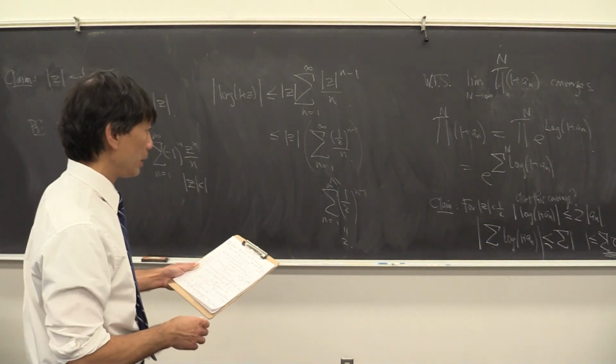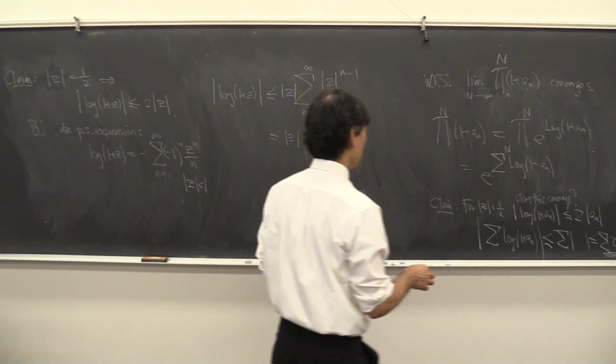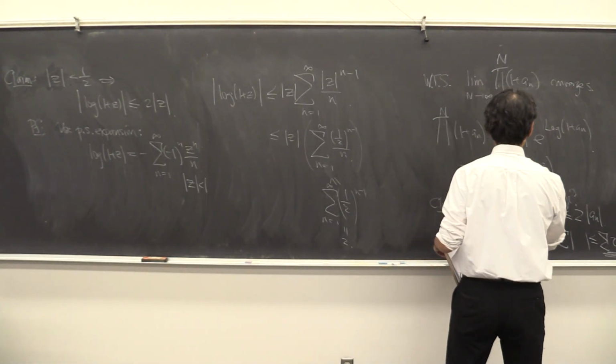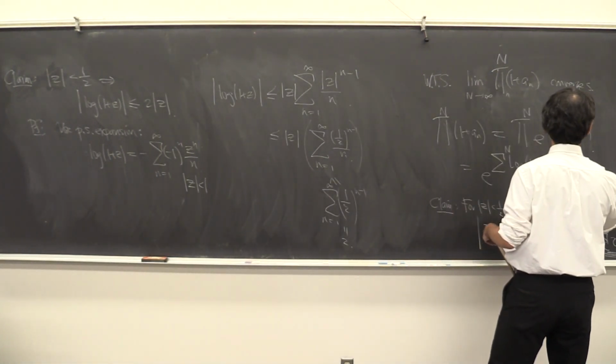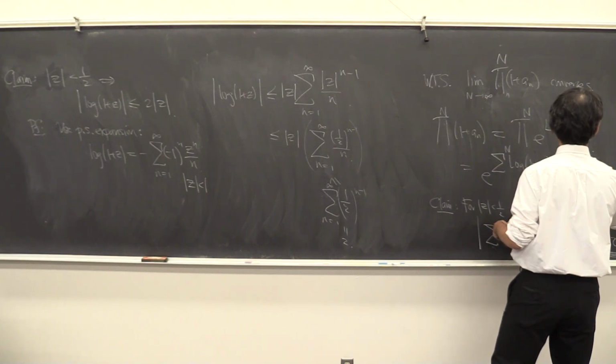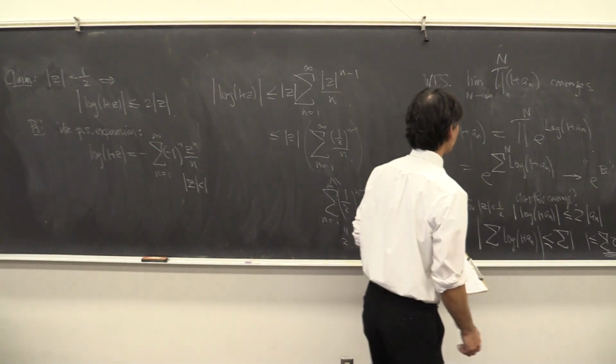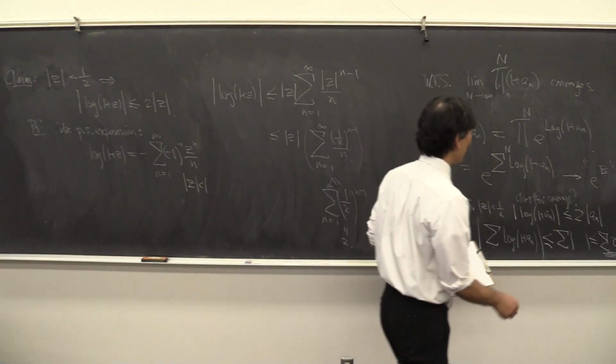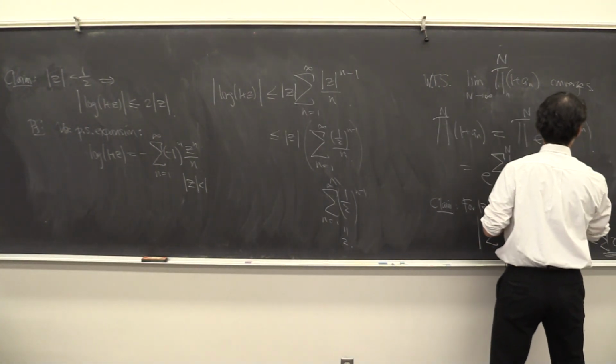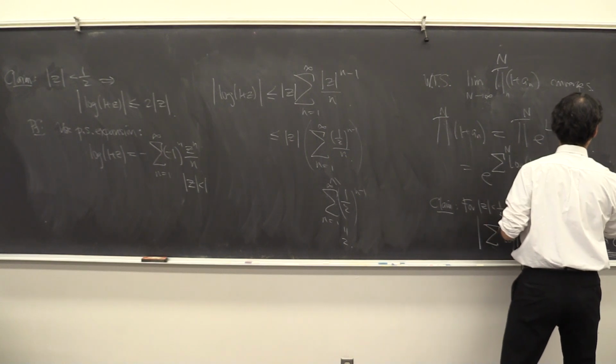Okay. So this is going to converge to some number, right? e to the, I think, e to the b. Anyway, it converges, because of the claim.